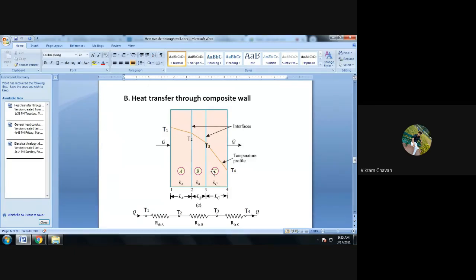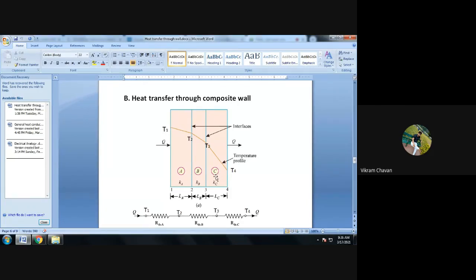So if heat enters the tank, more petrol will get vaporized. To reduce this loss, we have to prevent heat from entering the tank, so we provide insulation to such tanks. Here A is the base material, B is the first insulation over it, and C is the second insulation over that.